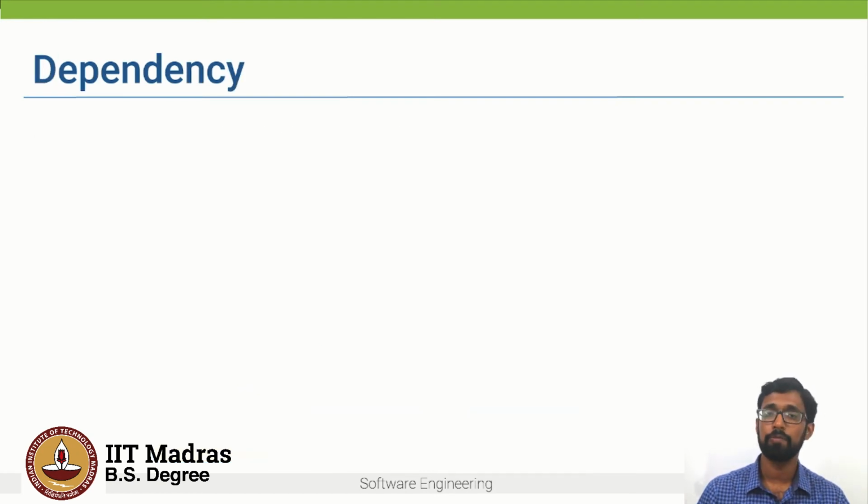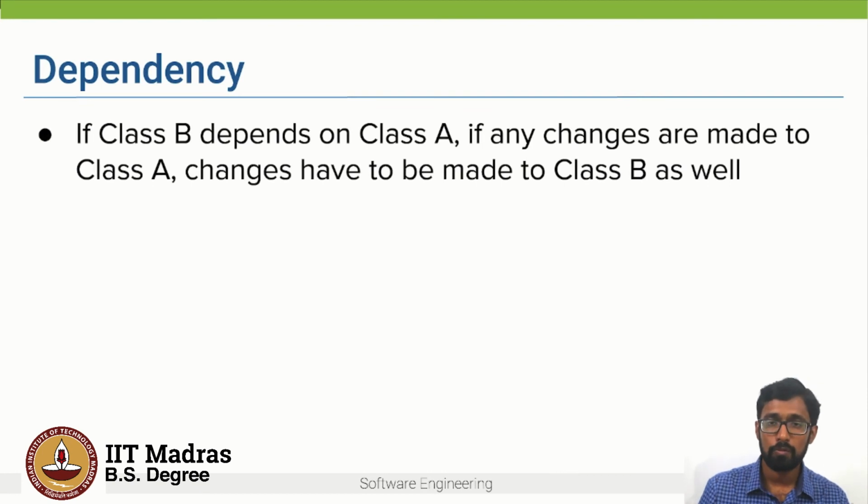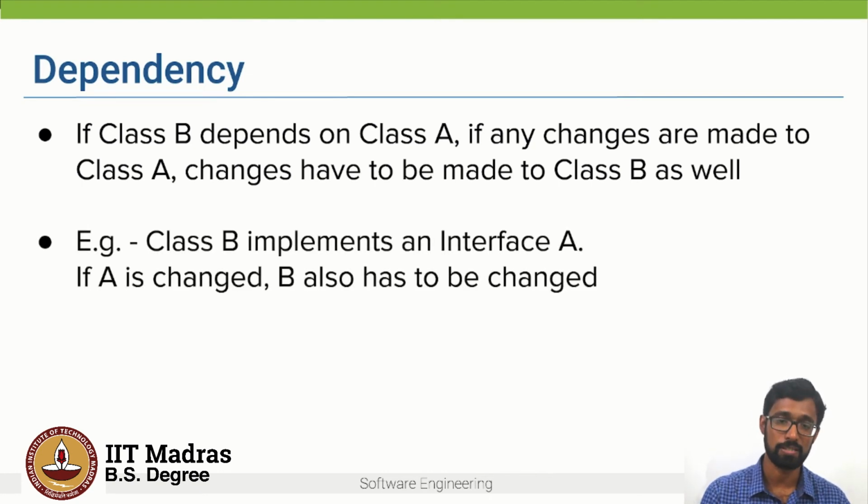Another type of relationship between classes is dependency, right? So what does this mean? Let's say we have a class B which depends on class A. If any changes are made to class A, then changes have to be made to class B as well. A common example is interfaces. Let's say we have an interface A and class B implements this interface.